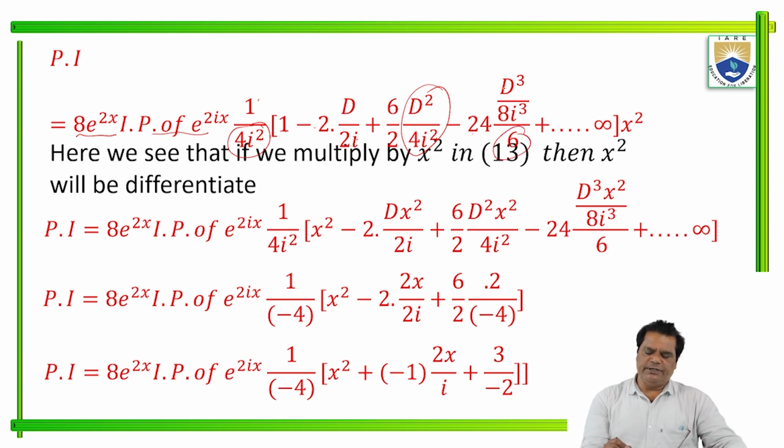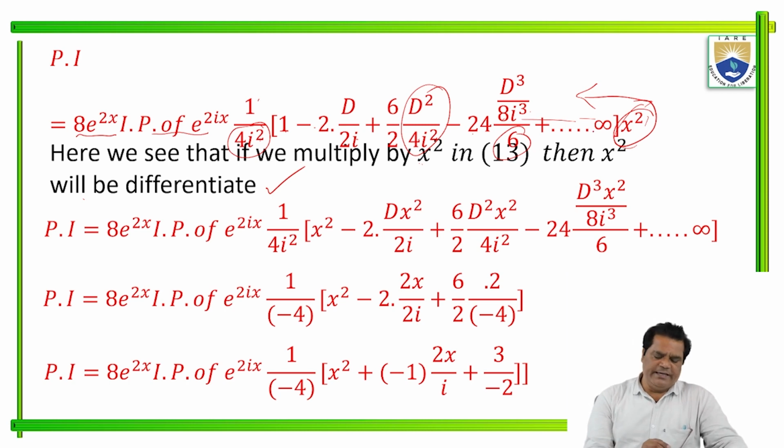D cube upon 8i cube. And this goes to infinity. Here is the algebraic function. Now here we see that we multiply by x square; this x square multiplies this bracket. If this x square goes to this, then in equation 13, x square will be differentiated.